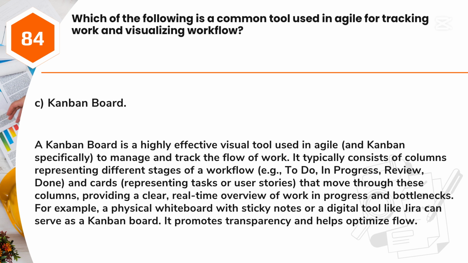It typically consists of columns representing different stages of a workflow, e.g., to do, in progress, review, done, and cards, representing tasks or user stories, that move through these columns, providing a clear, real-time overview of work in progress and bottlenecks. For example, a physical whiteboard with sticky notes or a digital tool like Jira can serve as a Kanban board. It promotes transparency and helps optimize flow.